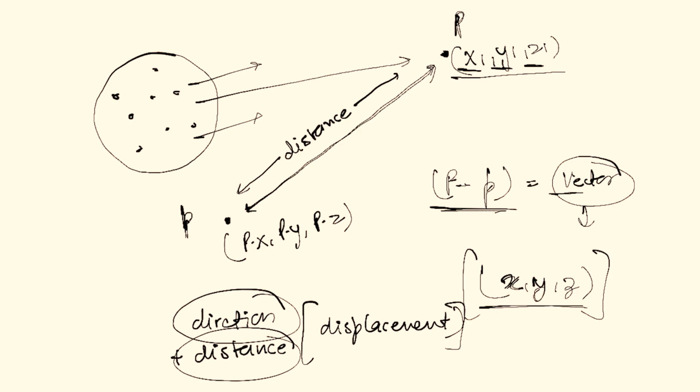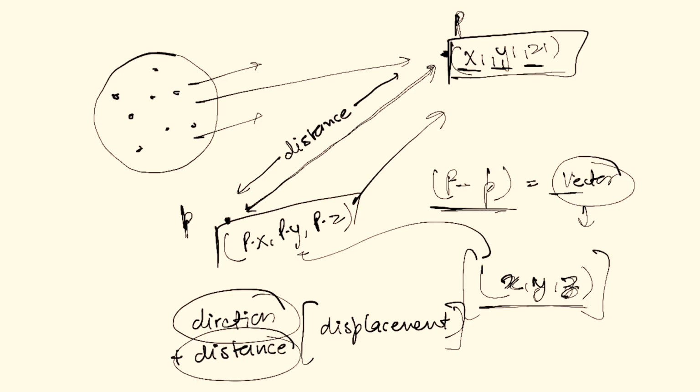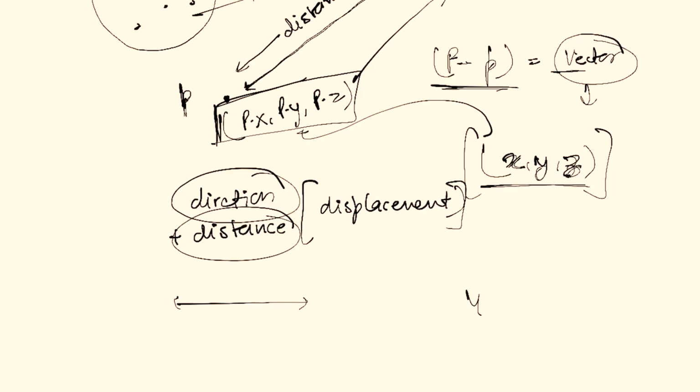So this vector will tell you how much you want to go and in which direction. When you subtract this from this, you will get a value. So for example, let's say you are here and here the position is, let's say 2. You want to go to 4, right? So how much is this? So if you say 4 minus 2, you will get 4.